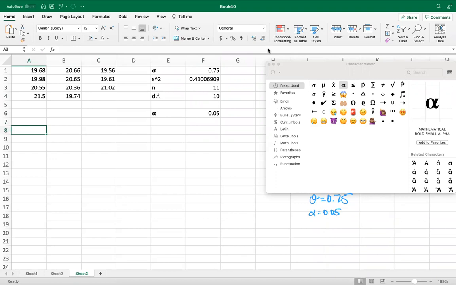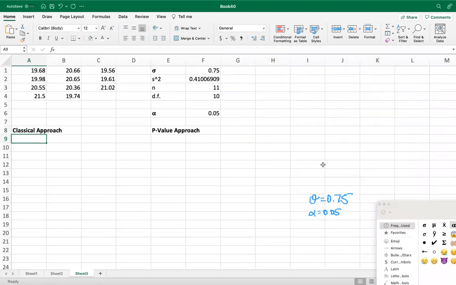So we could start off with our classical approach, and over here will be our p-value approach. So classical approach, we are going to look at our, let's see. Actually, let's do our hypothesis testing before we start with that.